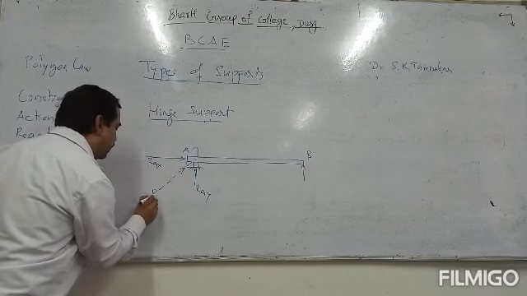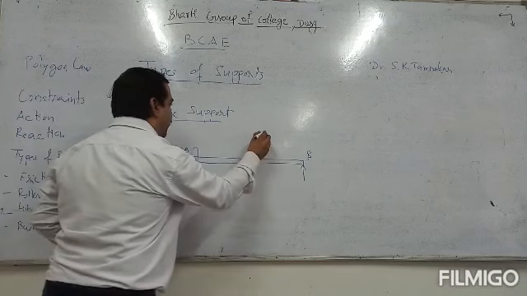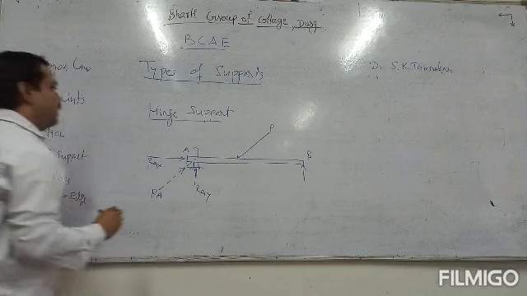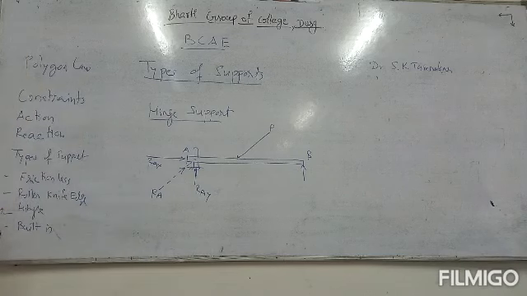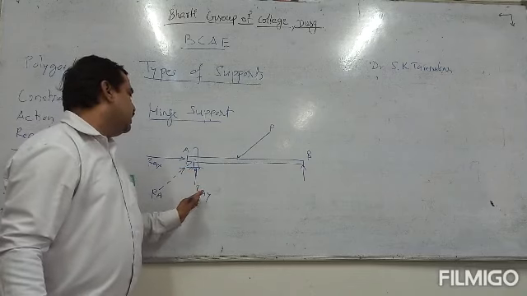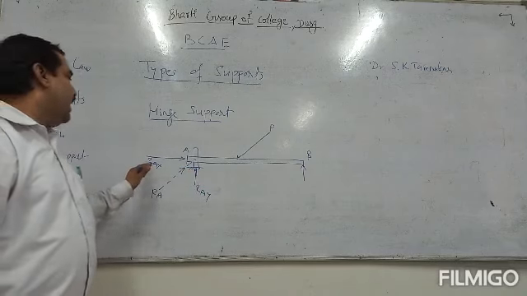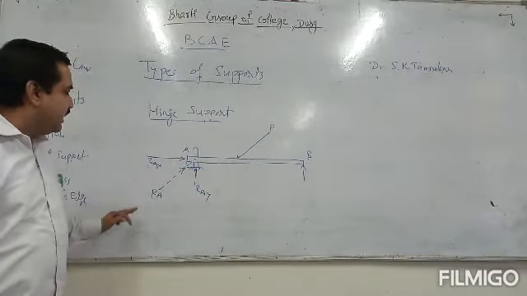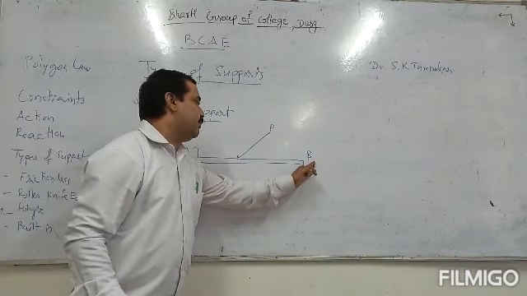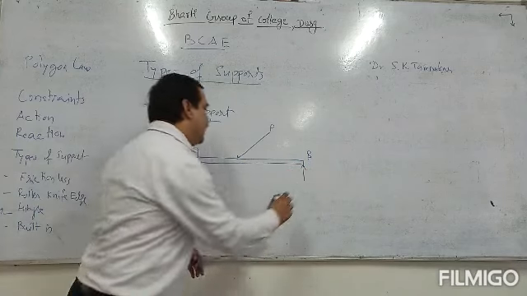This is called RA, and here the load is acting in this direction. So in this type of rod, if the reactions at the hinge are RAY and RAX, the resultant is in the RA direction, and at point B the reaction is in the upward direction.